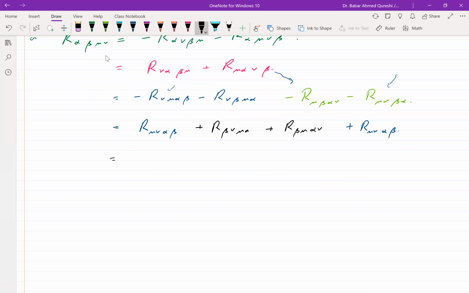So these guys, they combine to give me 2R mu nu alpha beta.